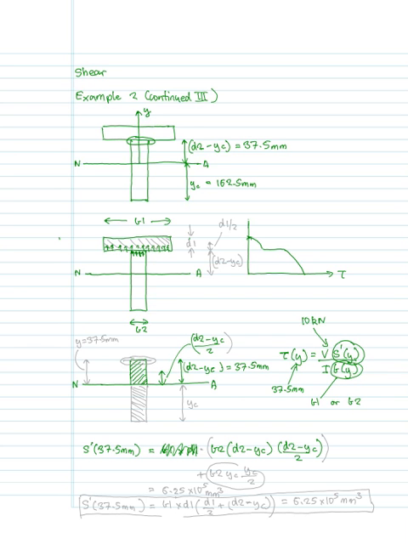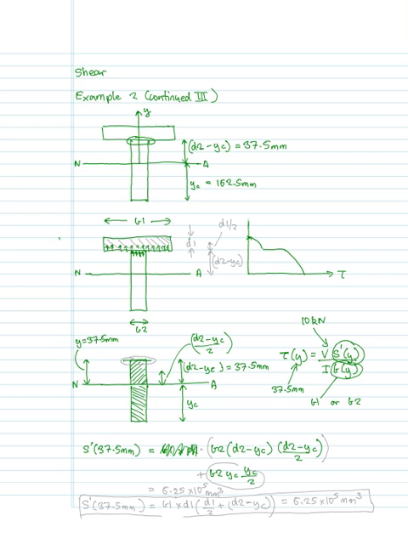Sorry, so we're talking about b2 multiplied by d2 minus yc, and that needs to be multiplied by the distance d2 minus yc divided by 2, because that distance there is going to be your d2 minus yc over 2.